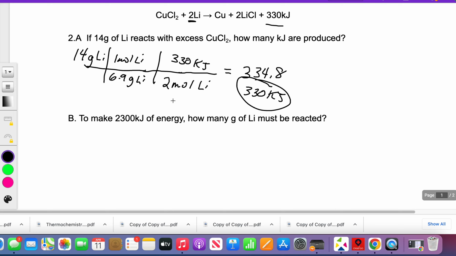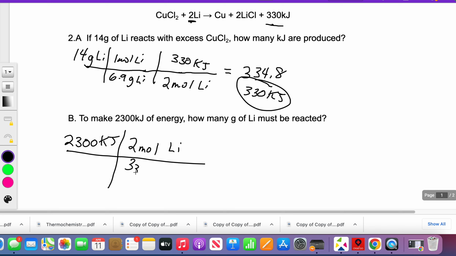All right? Okay, to make 2,300 kilojoules of energy, how many grams of lithium must be reacted? Well, if you want to make that much energy, remember that there is a mole to energy ratio. So the equation says if you were to react 2 moles of lithium exactly, you would get 330 kilojoules.